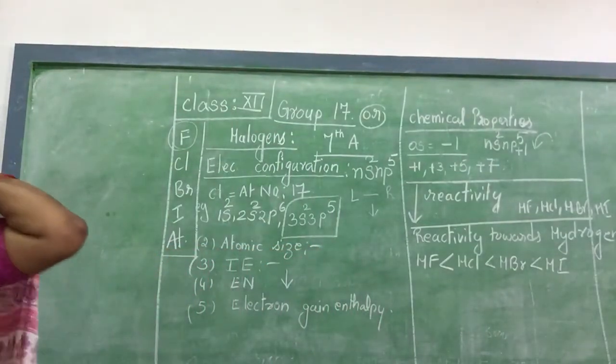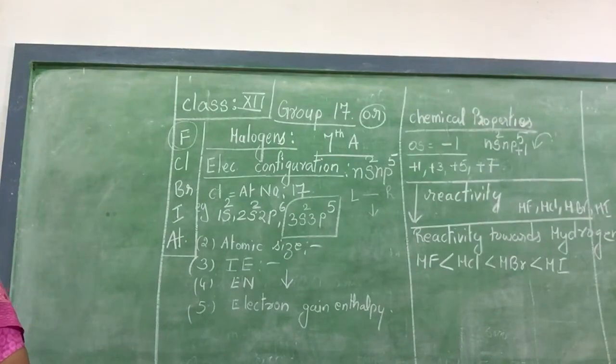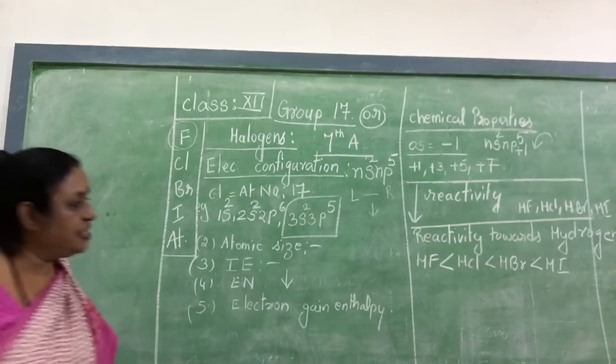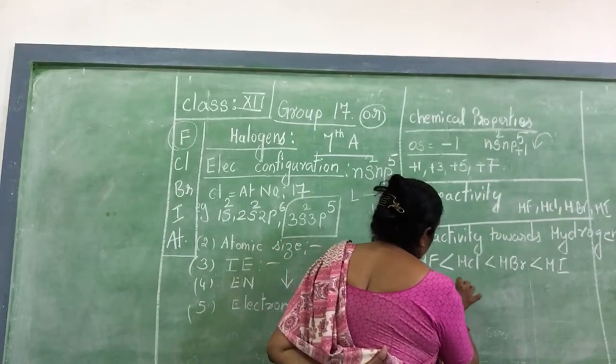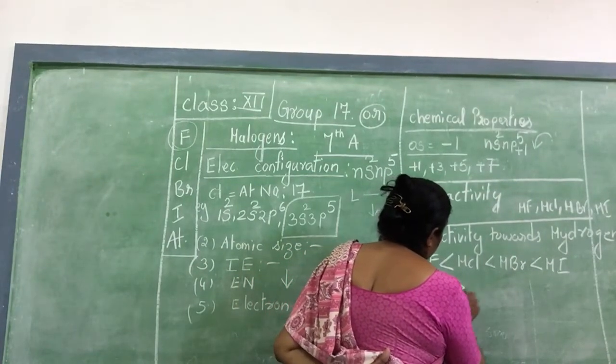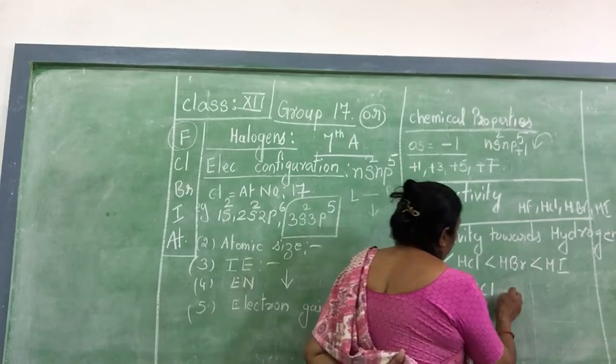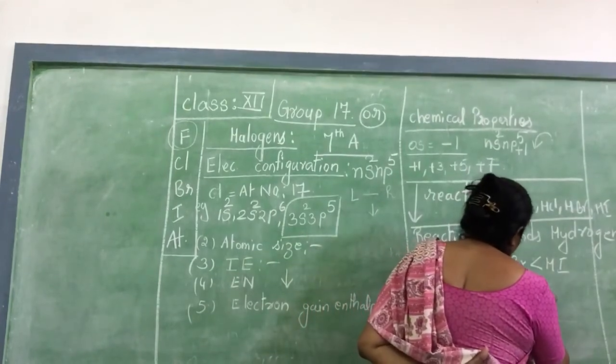The next point is that the stability of these halides decreases down the family due to the decrease in bond dissociation enthalpy. Children, put a reverse: HF is more stable than HCl, more stable than HBr.